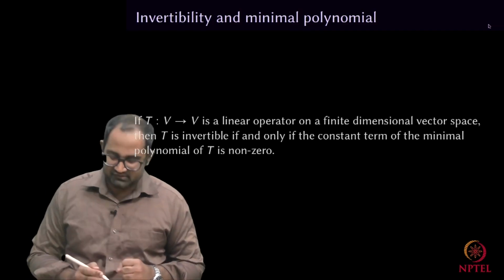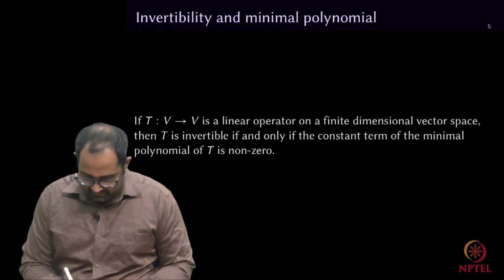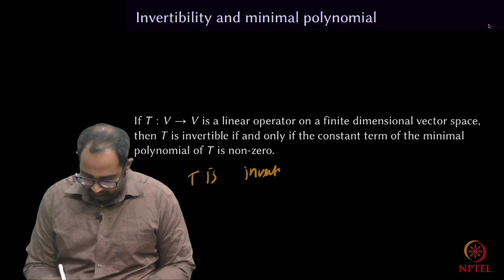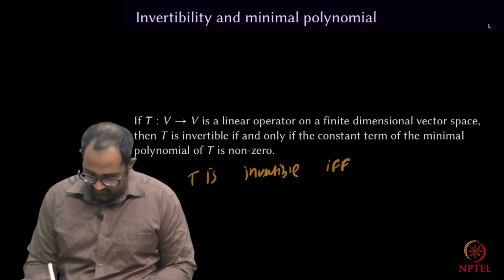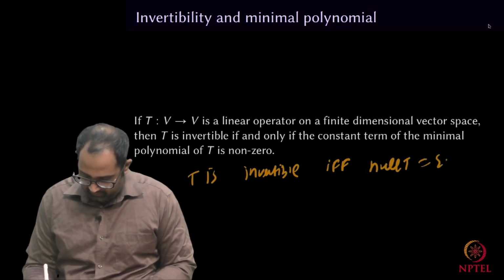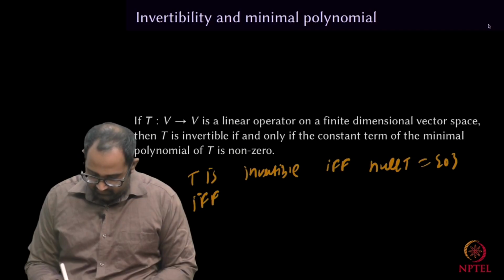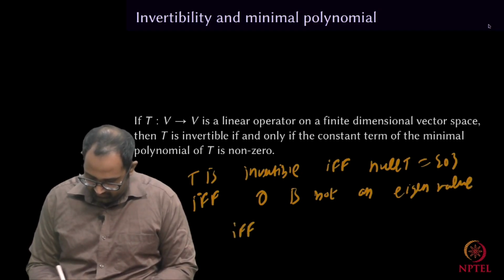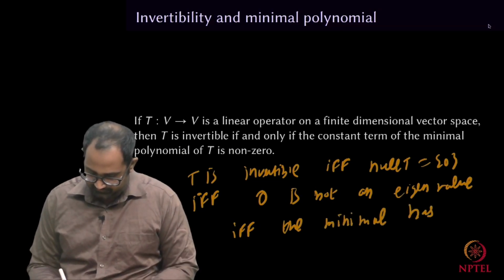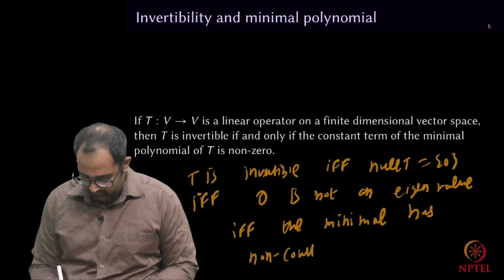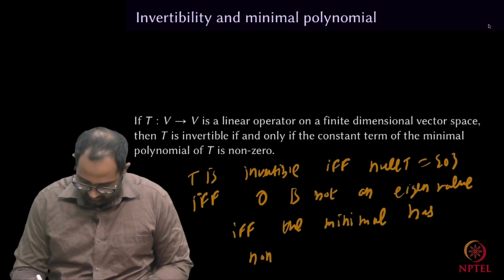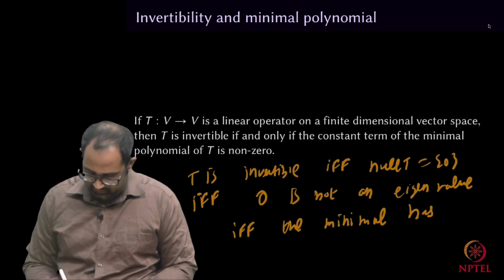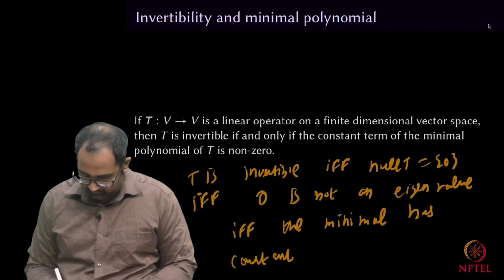Well, this is completely trivial because T is invertible if and only if the null space of T is trivial, if and only if 0 is not an eigenvalue, if and only if the minimal polynomial has constant term non-zero.